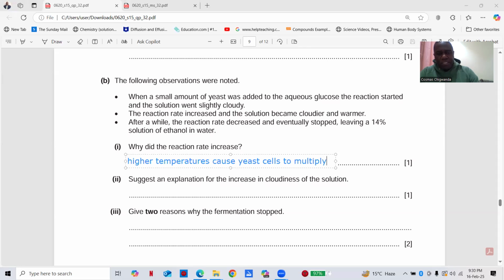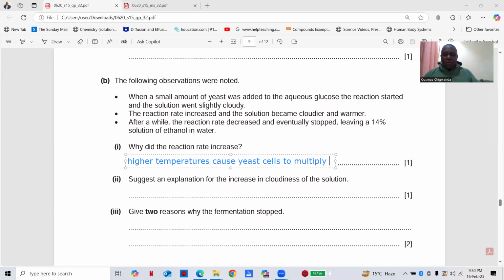You can paraphrase this and say it causes yeast cells to increase, okay? So this higher temperature is promoting the multiplication of yeast cells. Remember, the success of this reaction is hinged upon the availability of yeast. Yeast contain the enzyme zymase, okay? And zymase is a very important enzyme which helps us in this process of fermentation, right?